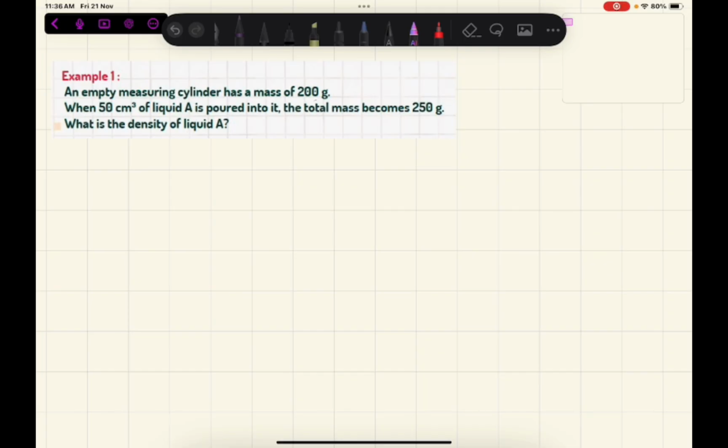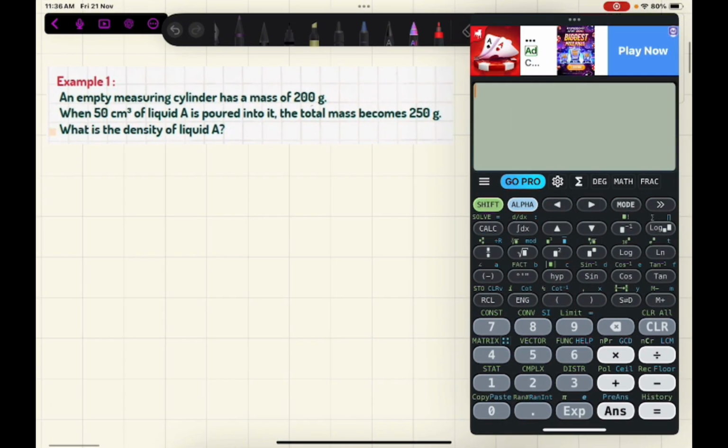We continue with the first example, a simple example. Get ready with your calculator now because we want to calculate this question. Example 1. An empty measuring cylinder has a mass of 200 gram. This is the first information that we get.